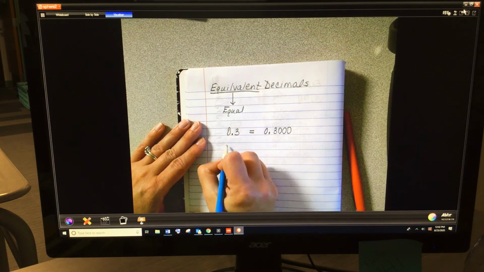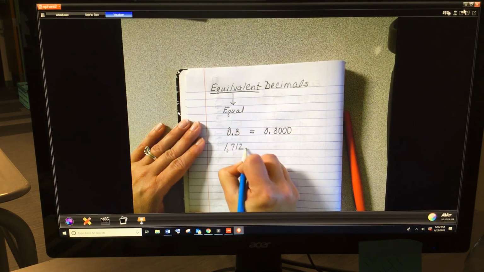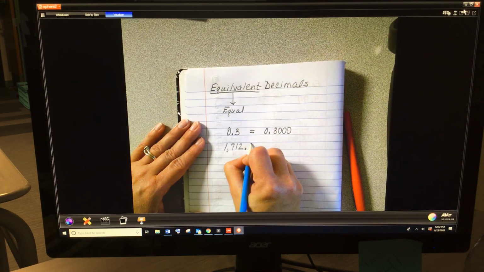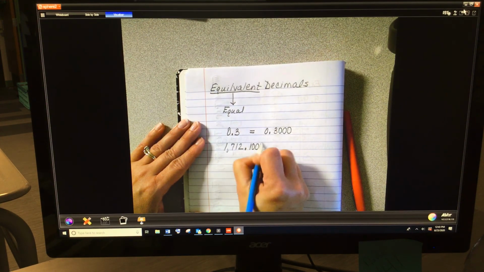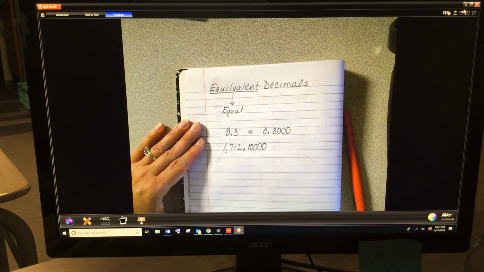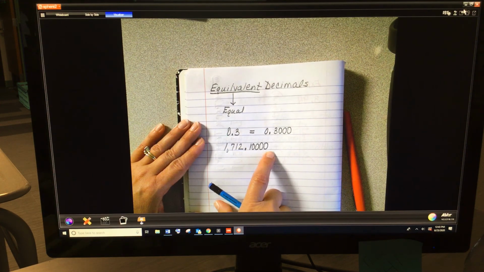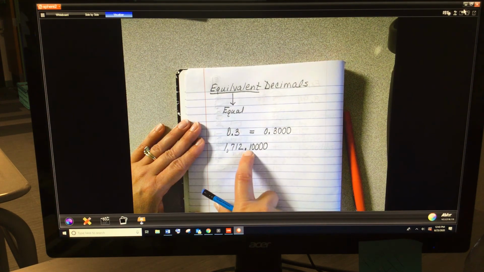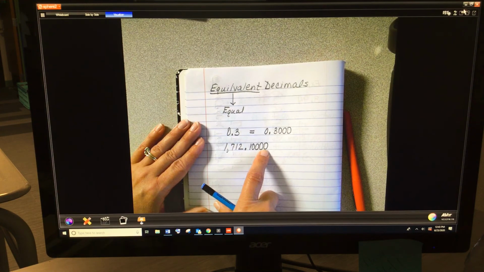We could have 1.7 and 1/10. Is that still 1/10? Yes. Or could it be 10,000? Tenths, hundredths, thousandths, ten-thousandths, hundred-thousandths?